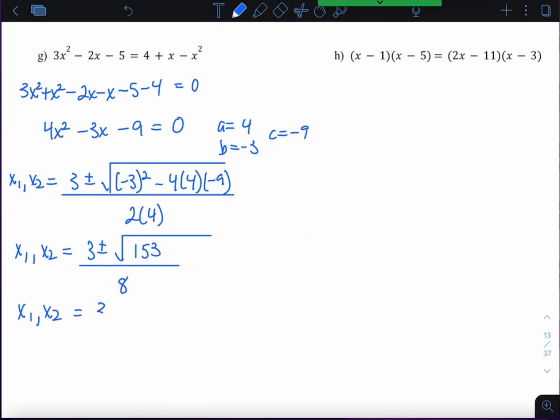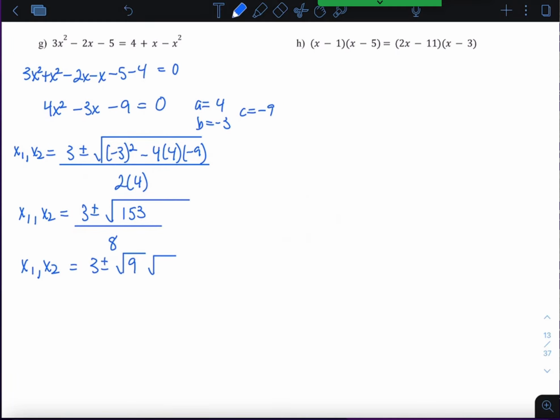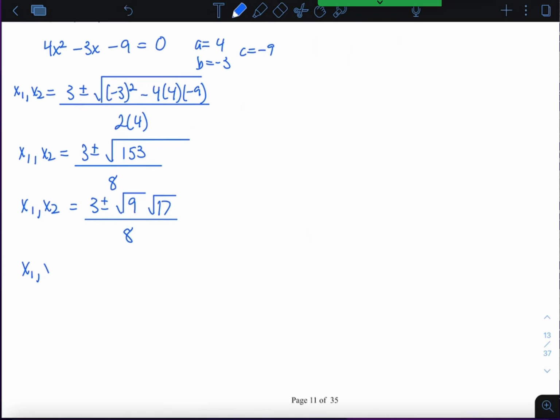x1, x2 now. Let's remember that this is divisible by 9. Okay, so I should try to reduce these if I can. So x1, x2 is 3 plus or minus 3 root 17 over 8.